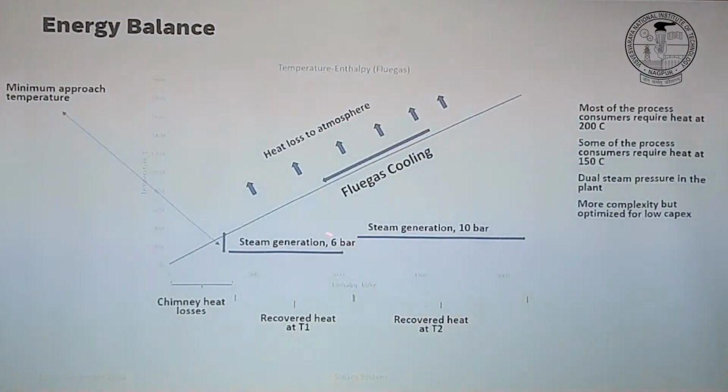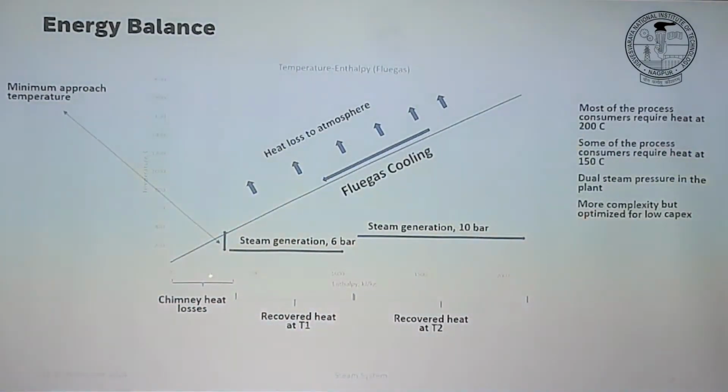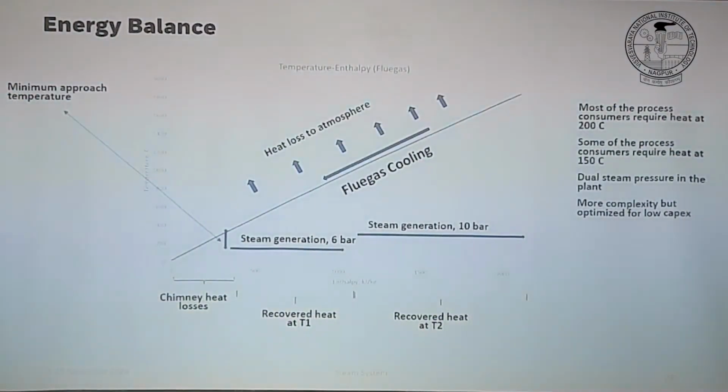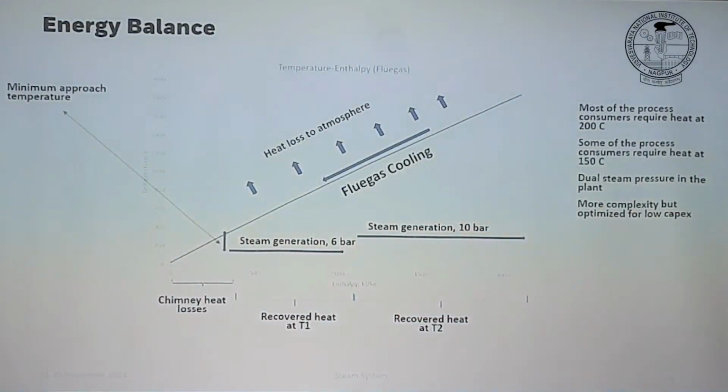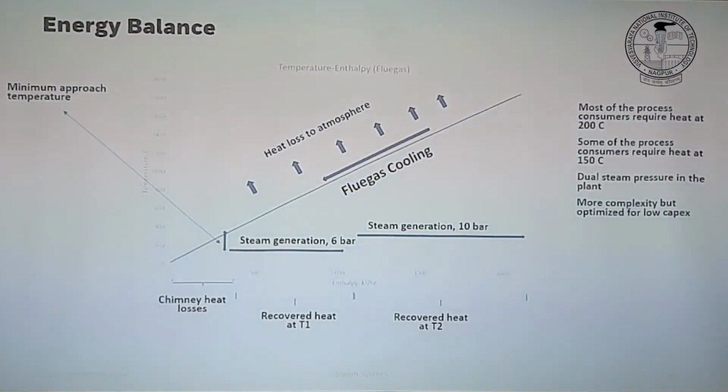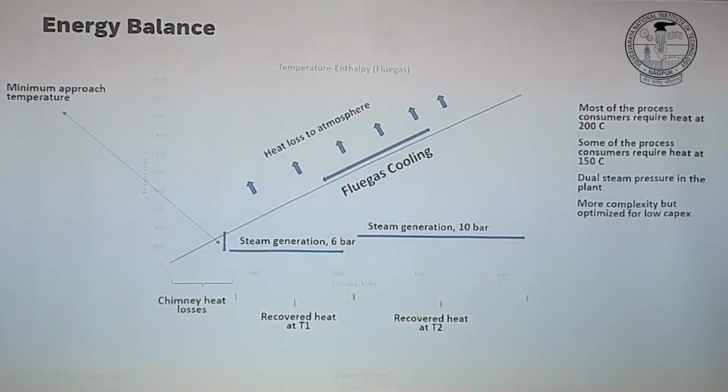So the higher the steam generation pressure, the more energy is lost to atmosphere. But sometimes this pressure is defined by your process requirement. Like we saw, a process stream to be heated from 30 degrees to 150 degrees defines 170 degrees, which in turn means 8 bar steam generation pressure. So the higher the steam generation pressure, the more the loss.